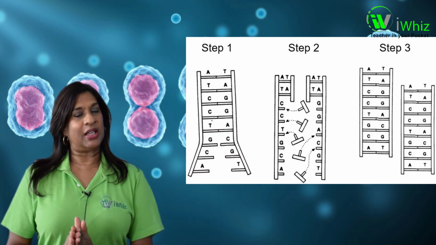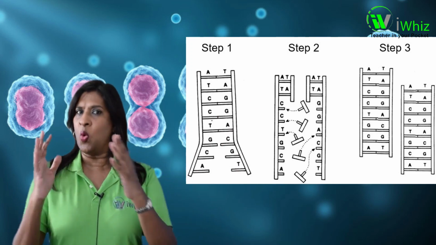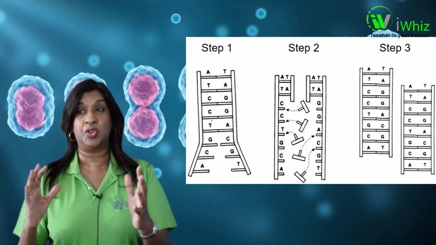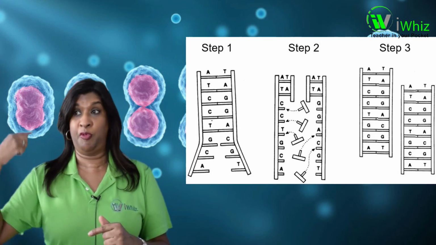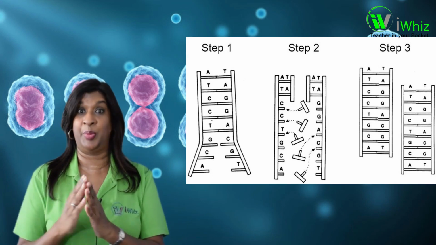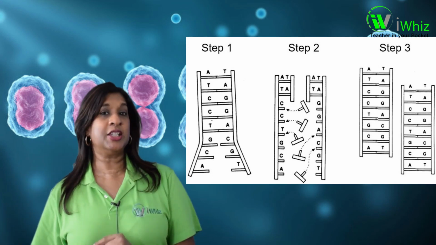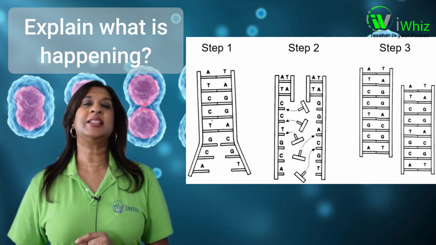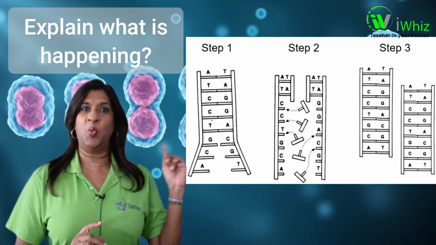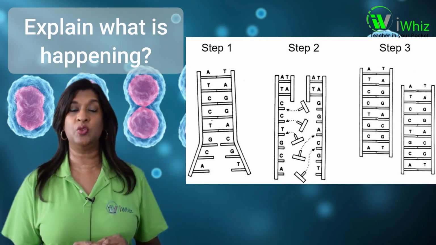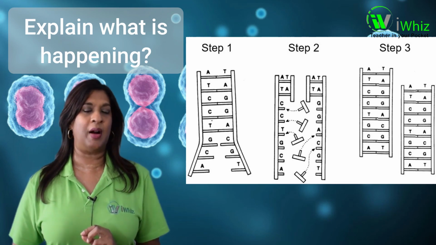And remember, in a test or an exam, you can be tested on one of the diagrams, and you need to know what's happening, what's going on, what would have happened before, and what is going to happen after, if that applies. So let's look at our question. It says, explain what is happening in step 1, step 2, and step 3. And each one is just for 2 marks, right?